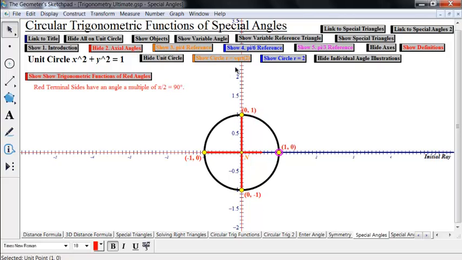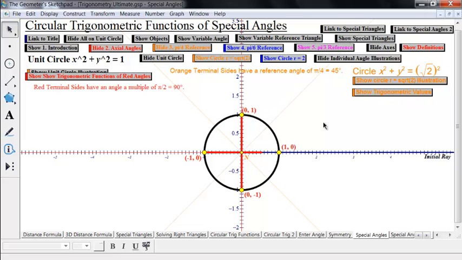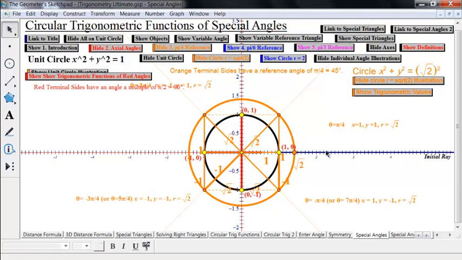We also looked at ones where they were a reference angle of pi over 4, and we naturally looked at a circle of radius 2 for those so that we could place our special triangle in that circle.